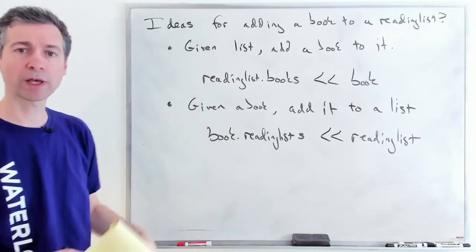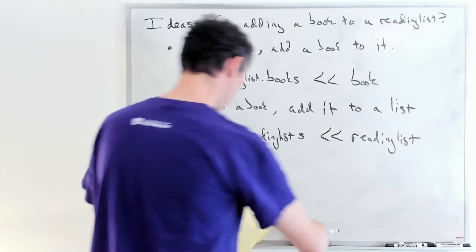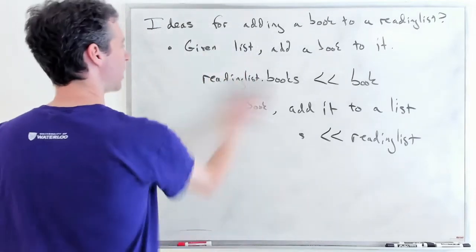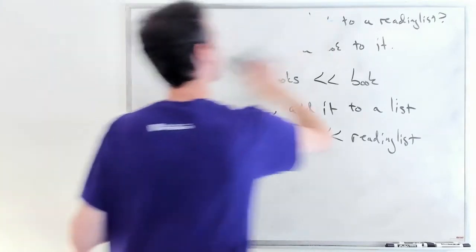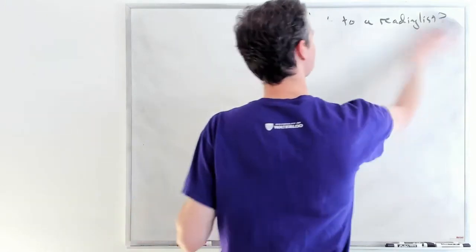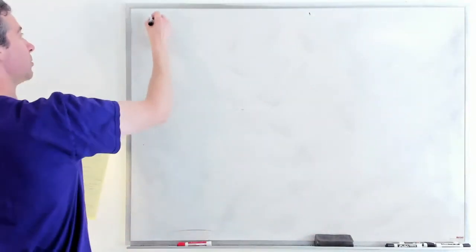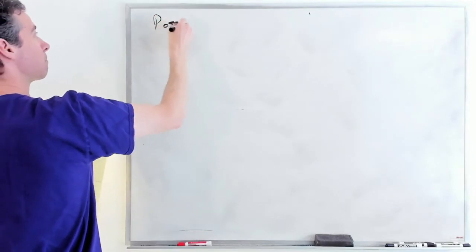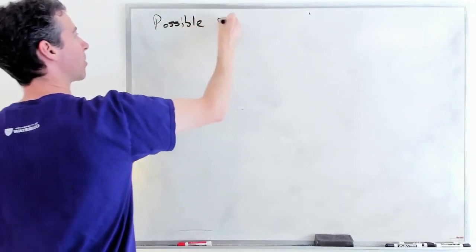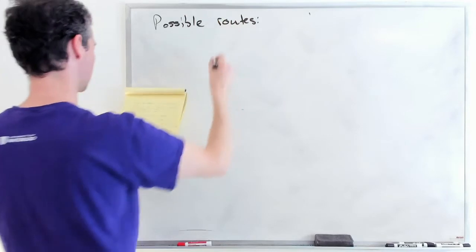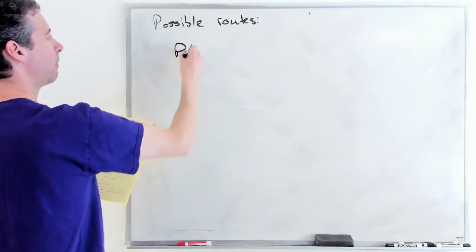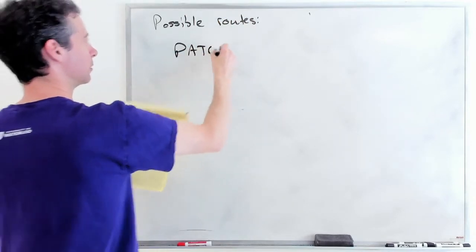But let's go ahead with this idea that it is an attribute, and we're going to be changing those objects. And with that in mind, that would get us to something with possible routes like this. So we might say, I'm going to patch, as I said.